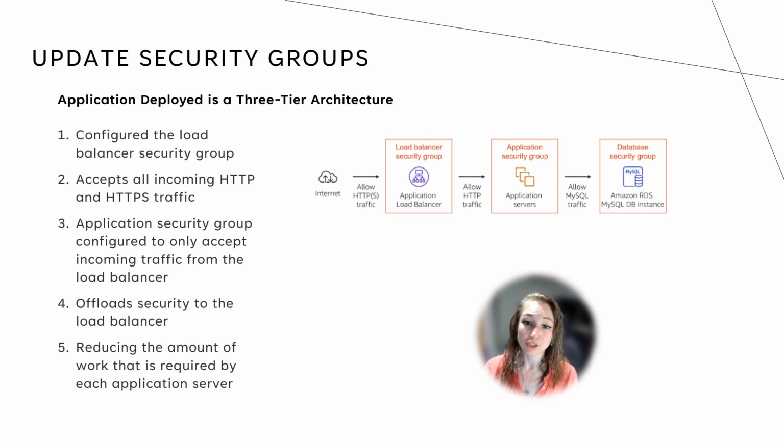The application security group was provided as part of the deployed environment already, but now it needs to be configured to only accept incoming traffic from the load balancer. So you have to go back and edit your security groups. The security group that was created and deployed with it is currently empty.